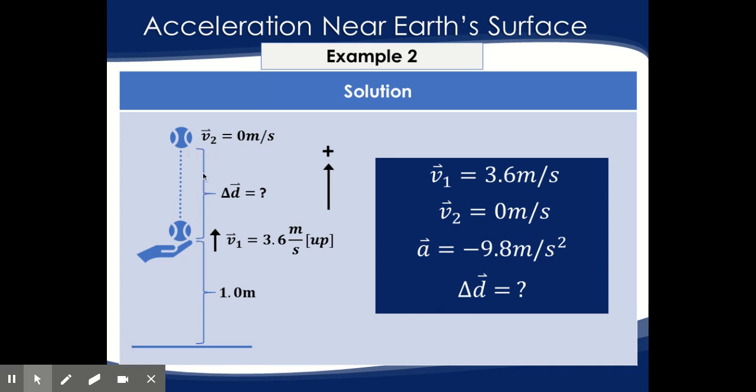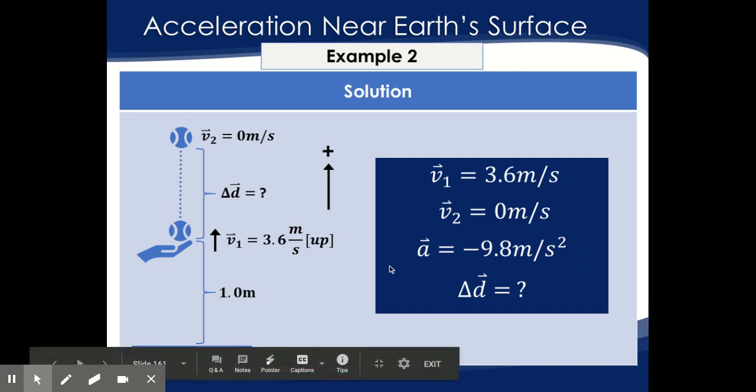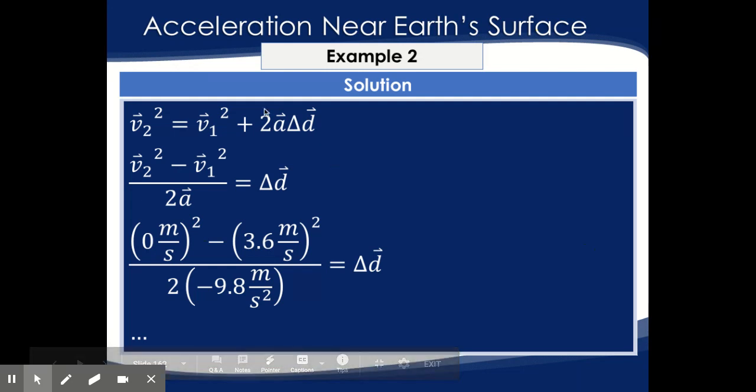We want to know how far that was. What's the distance there? In this case, we're tossing it upward, so our positive will be up. We have our initial velocity, final velocity, acceleration of negative 9.8 meters per second squared, and you're finding your distance. We're going to use equation 5, I believe.